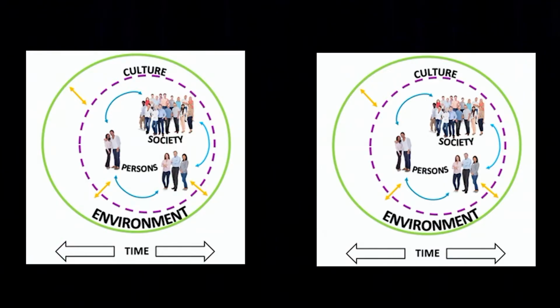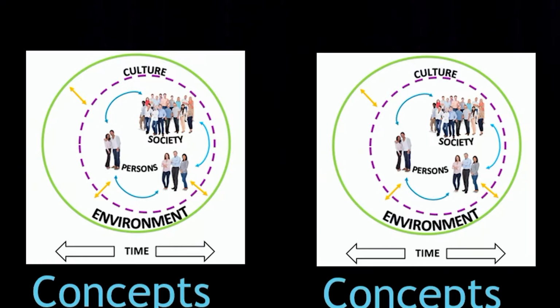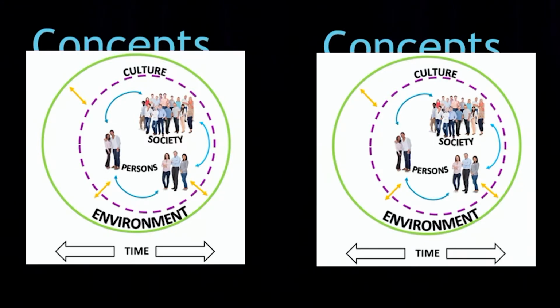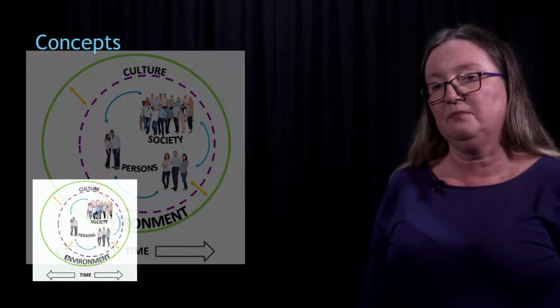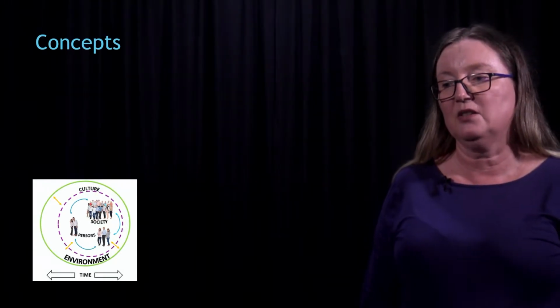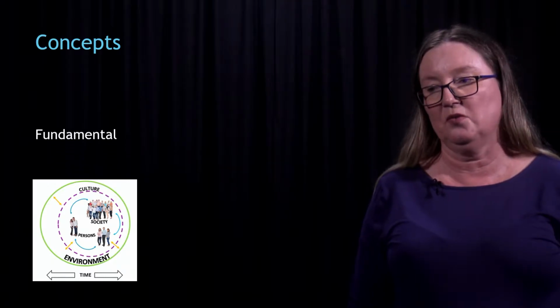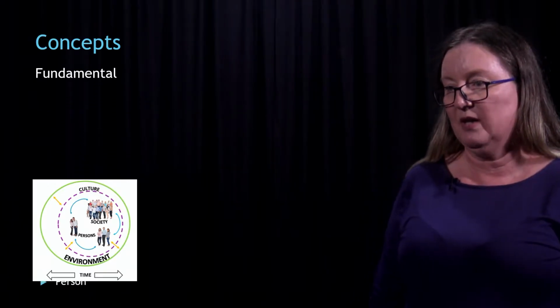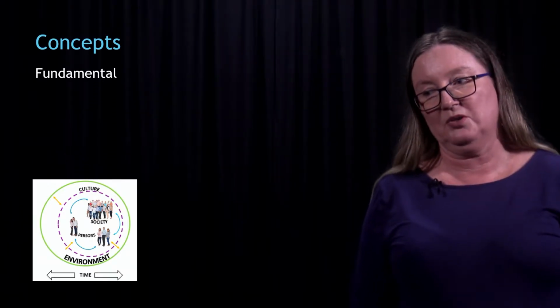The diagram on the screen is the society and culture diagram, which is showing the 5 fundamental concepts. They are the basis of the work we do in society and culture, and they span throughout Year 11 and Year 12's work. The first one is person.